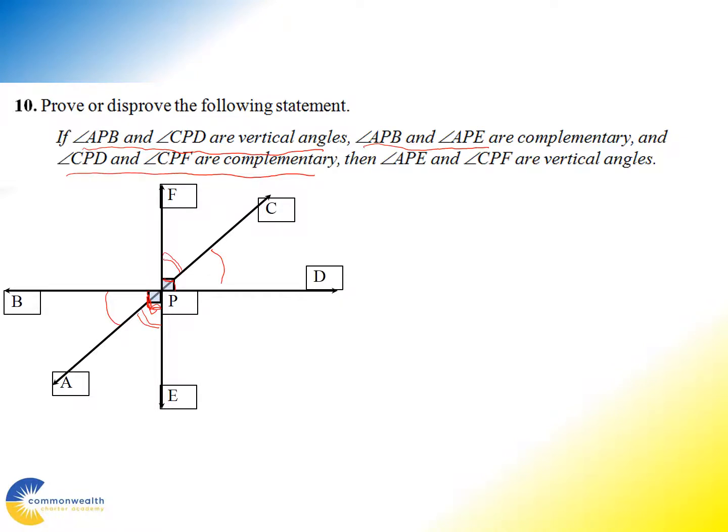And I can use the fact that angles complementary to congruent angles are also congruent, just like the rule that fits with complementary rather than supplementary. And when I have it set up like this, I can see that APE, this one I just drew with the double arc, and this one here are vertical angles.